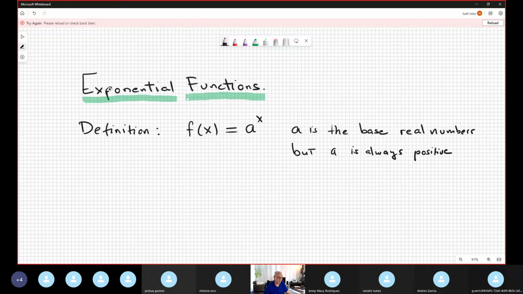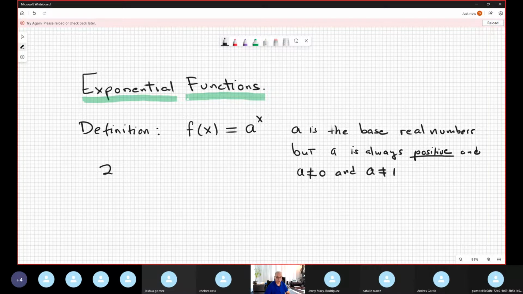Very important, let me highlight positive. It's important, this word, positive. And not zero. And not one.